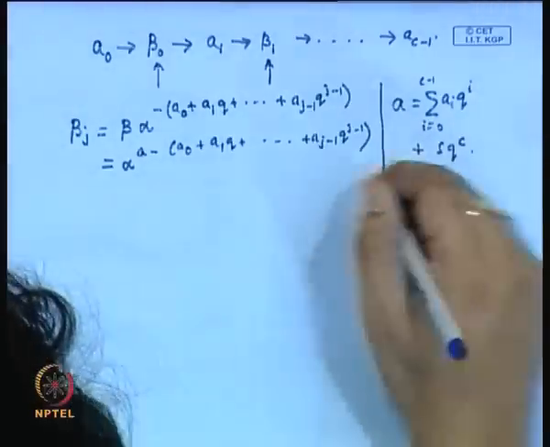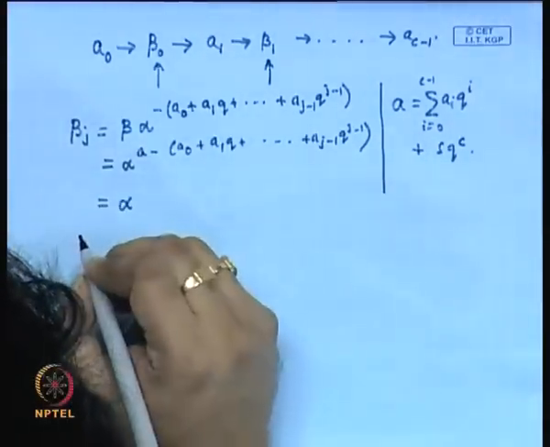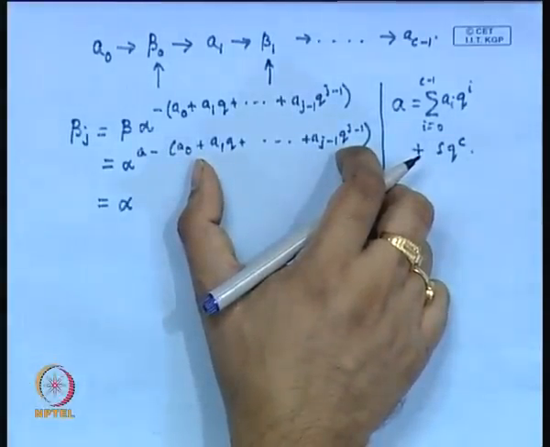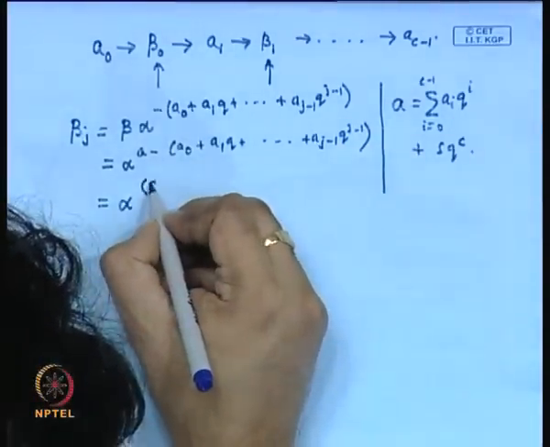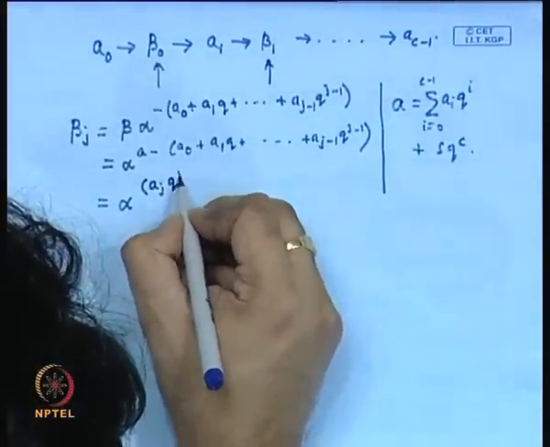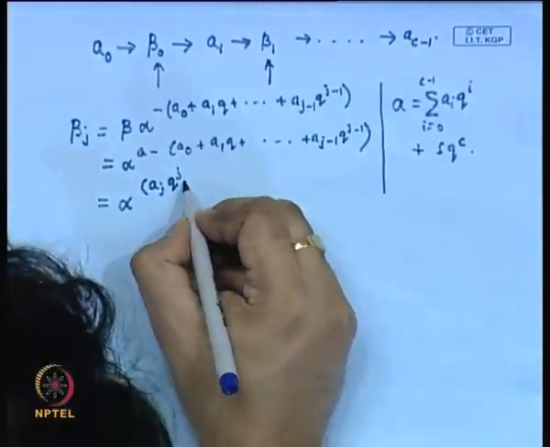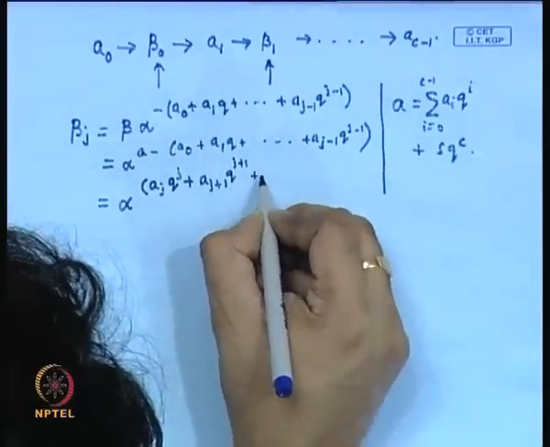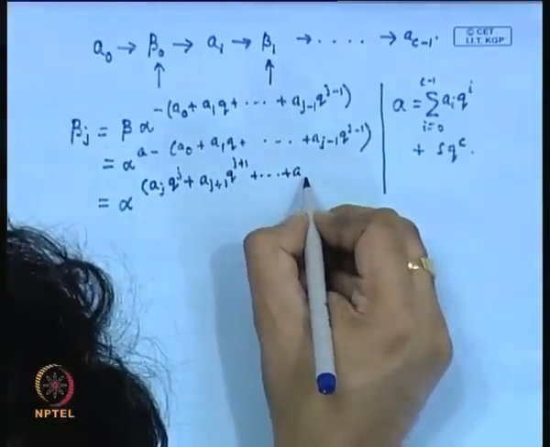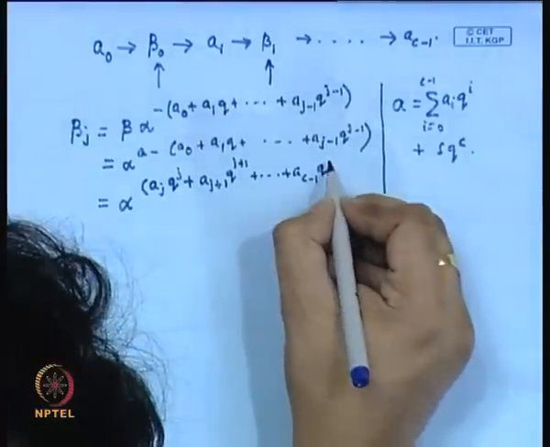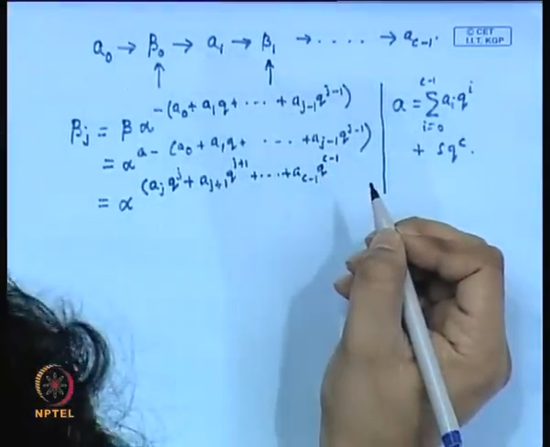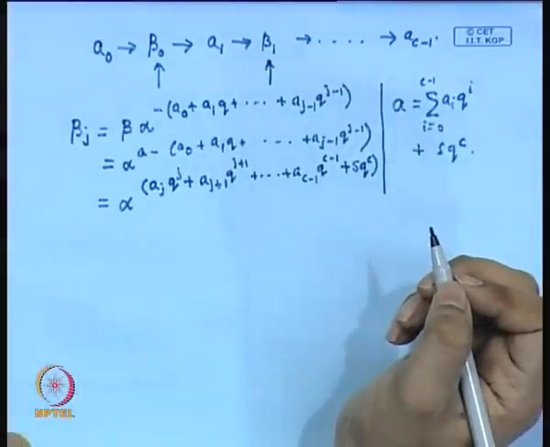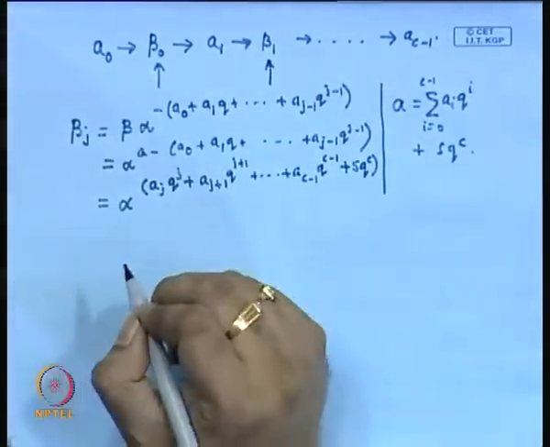So if you plug in this value here, you note that all the higher powers remain, but the lower terms are subtracted out from A. What remains is Aj q^j plus A(j plus 1) q^(j plus 1) and so on till A(C minus 1) q^(C minus 1) plus S q^C. That is your beta j.